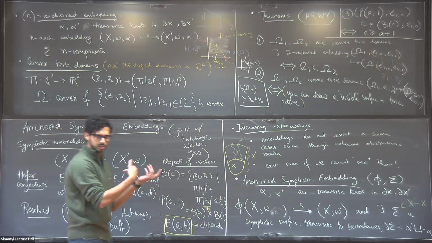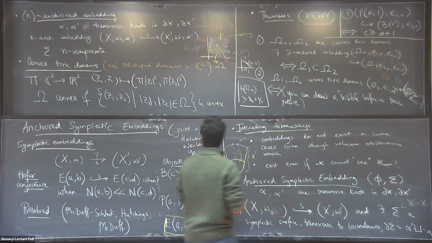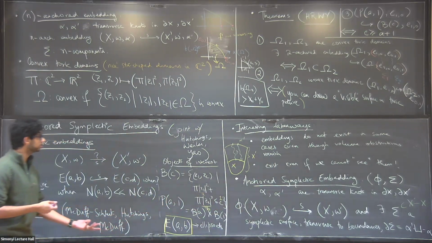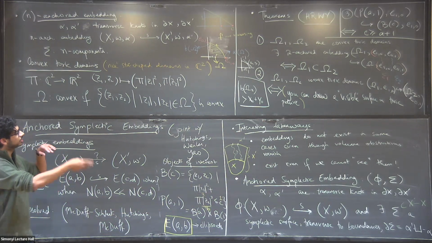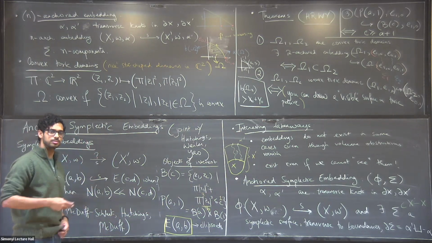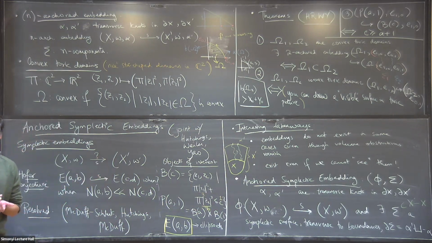And you can have torus knots. For us, we define anchored embeddings with transverse knots, but we only look at Reeb orbits for now. And so for convex toric domains, you expect all torus knots to give you Reeb orbits you can study. So we would like to say something about that, but not yet.